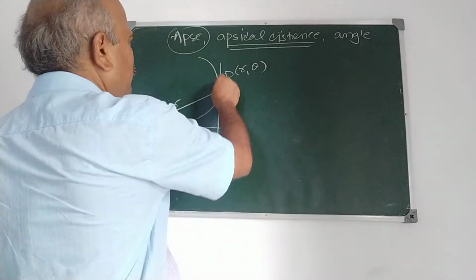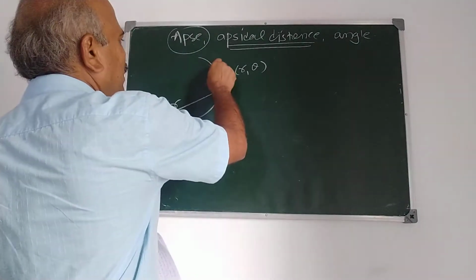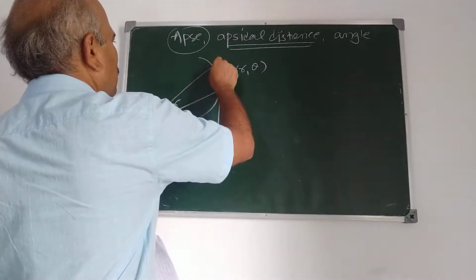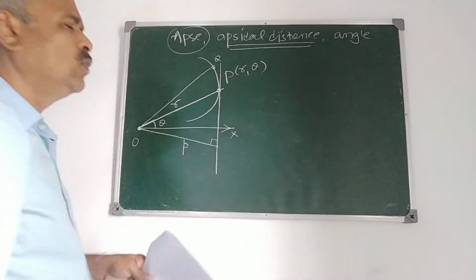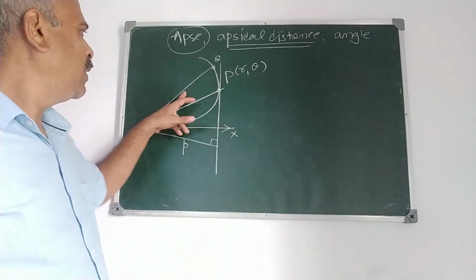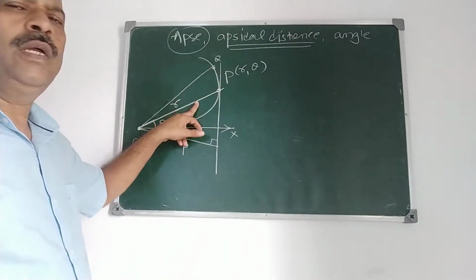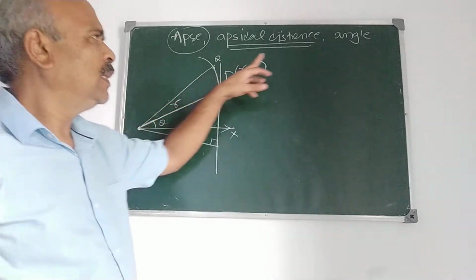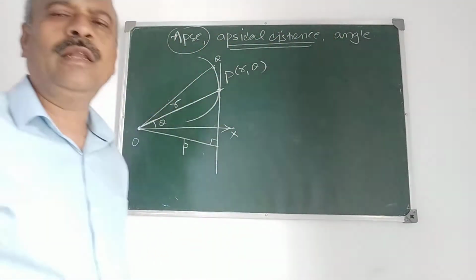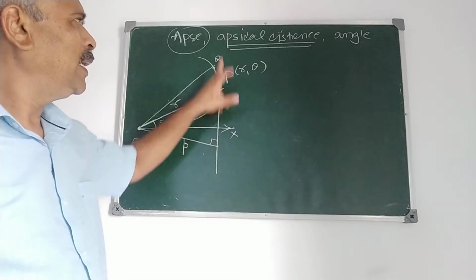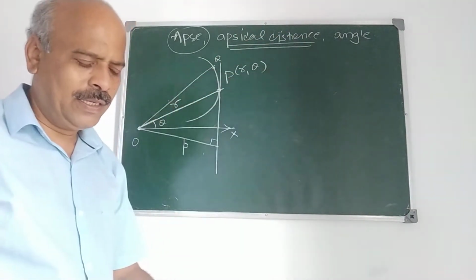Suppose there are two apsidal distances. Suppose P and Q are the two apses. Then the angle between these two apsidal distances is called apsidal angle. So, what is apse, apsidal distance and apsidal angle.